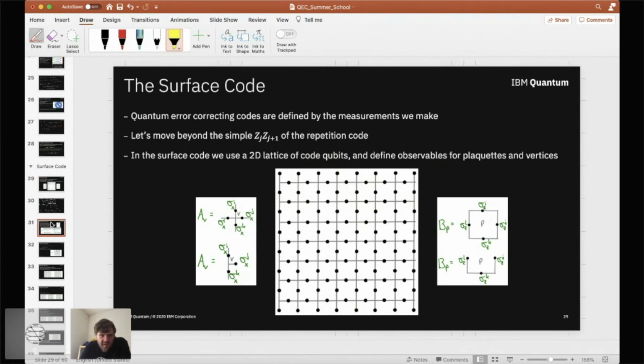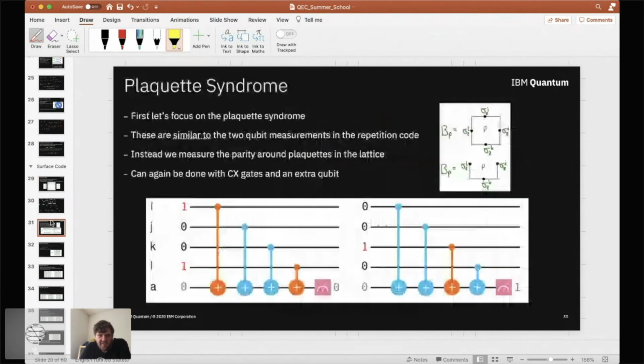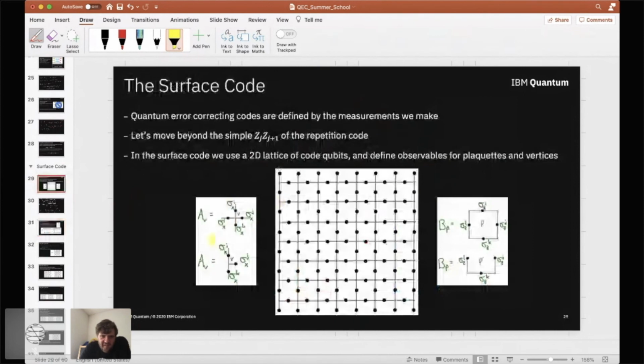The surface code only works if you do the measurements associated with the vertices and the measurements associated with the plaquettes, because these pick up on certain types of errors, and those pick up on other types of errors, and it's only when you put them together that they pick up on everything and make a good quantum error correcting code.